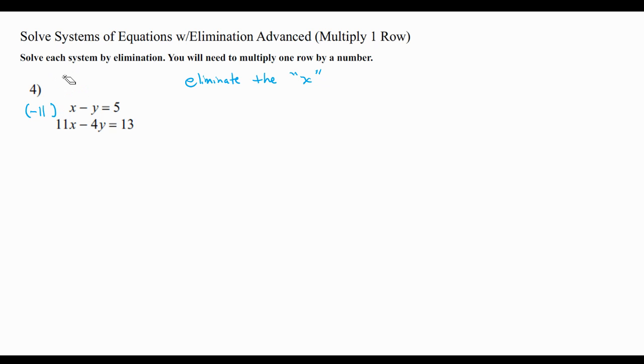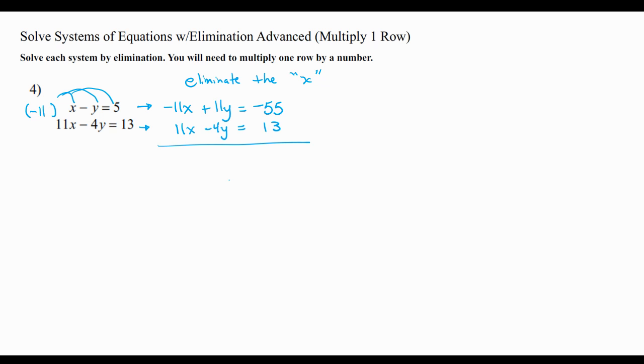Okay, so I'm going to multiply that through. Remember, multiply it to every single item with the distributive property. So negative 11x plus 11y, because a negative times a negative, equals a negative 55. And then on the bottom, I'm just going to slide that underneath. 13.